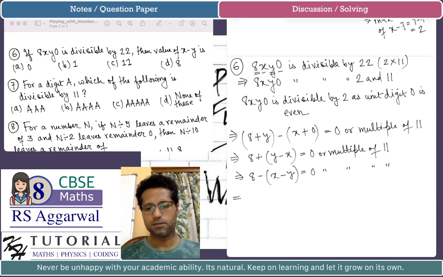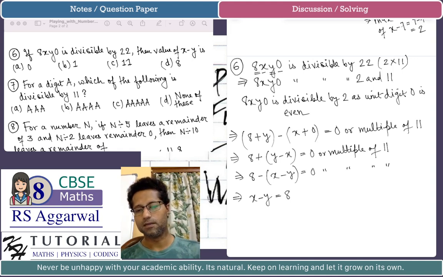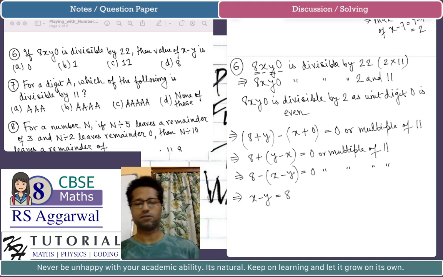So this implies that x minus y is equal to 8. If x minus y is equal to 8, then we will get 8 minus x plus y equal to 0.